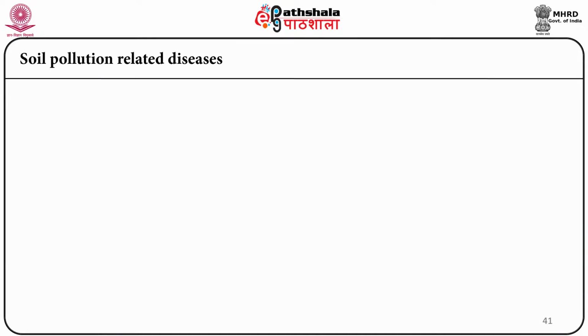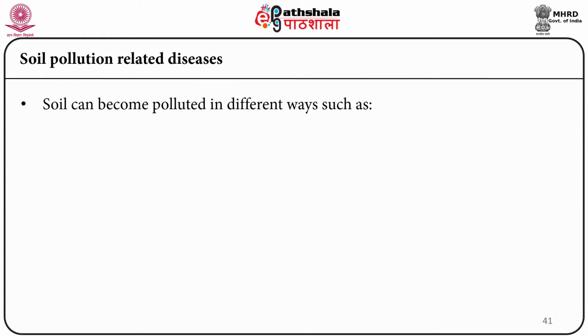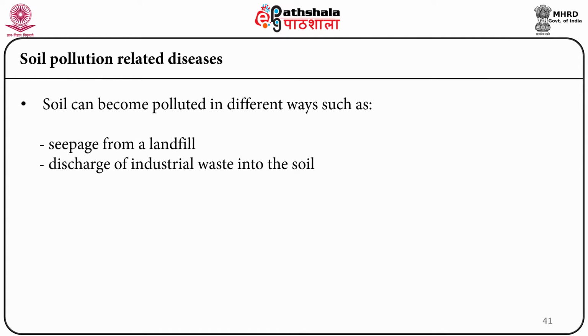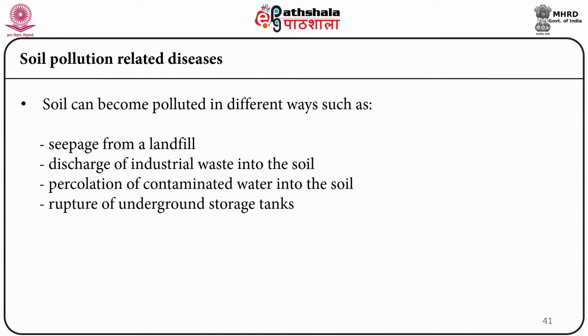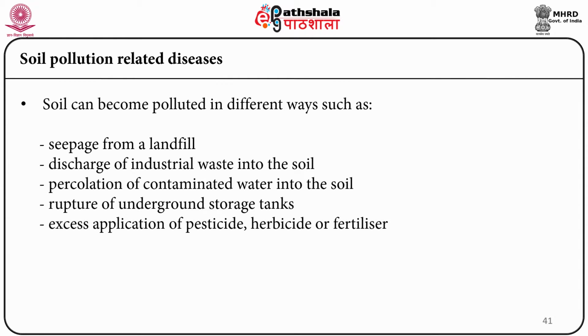What are the soil pollution related diseases? Soil can become polluted in different ways, such as seepage from a landfill, discharge of industrial waste into the soil, percolation of contaminated water into the soil, rupture of underground storage tanks, excess application of pesticide, herbicide or fertilizer, solid waste seepage, oil and fuel dumping.